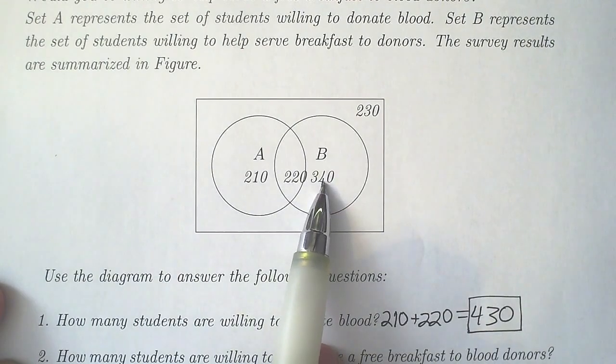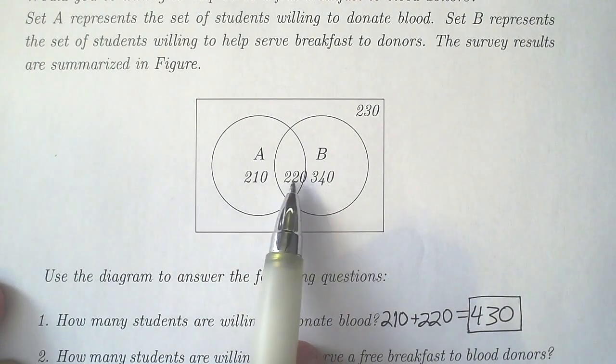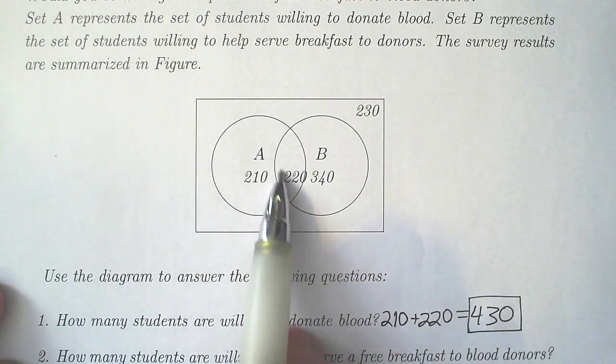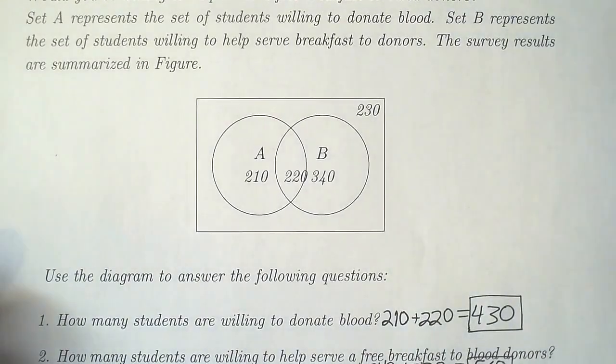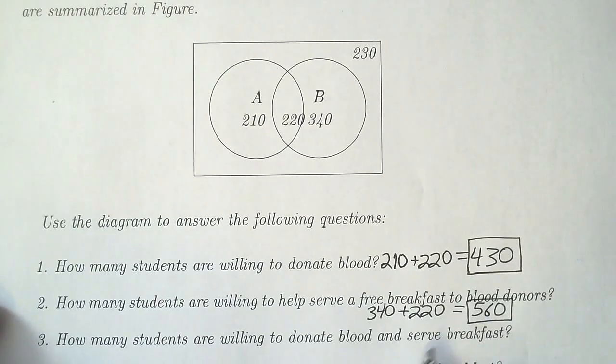We could look at the 340 in B plus the 220. They're also in the circle of B. So 340 plus 220. Use a calculator if you want. You should get 560. Some of these are going to get trickier than that, but we're doing good so far.